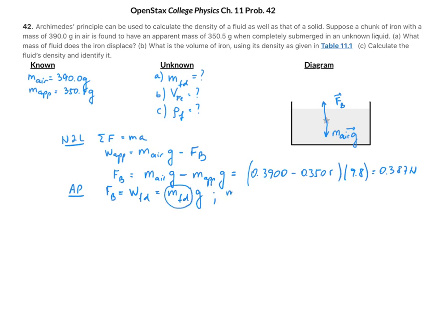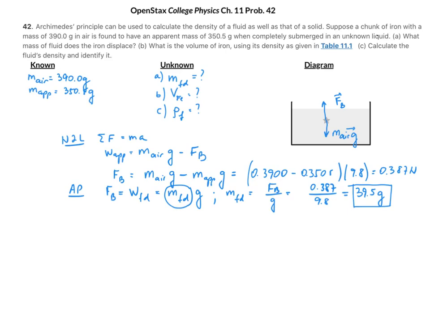So that means that the mass of the fluid displaced will be the buoyant force divided by G, and that is 0.387 newtons divided by 9.8 meters per second squared, and we get a mass of 39.5 grams. So basically, this is the difference between these two masses that we have here.